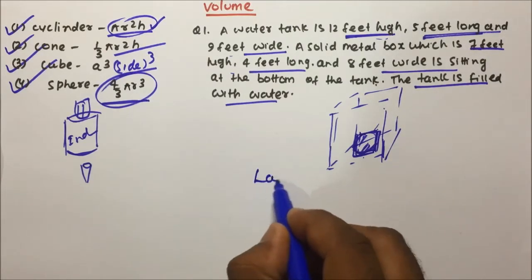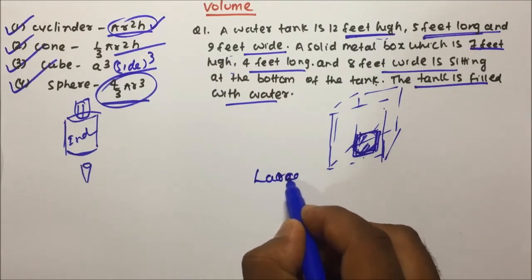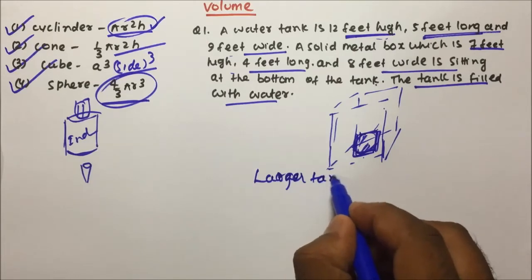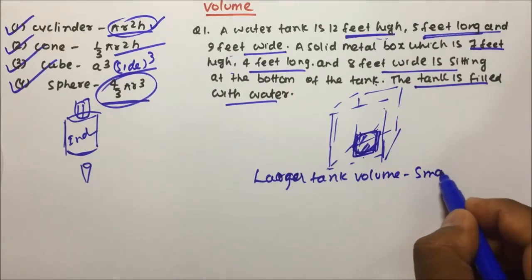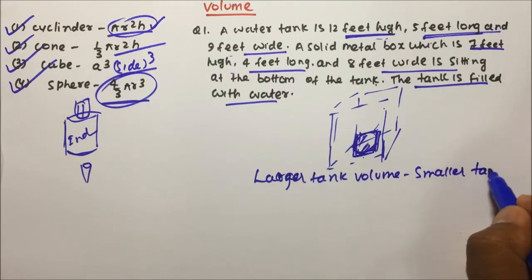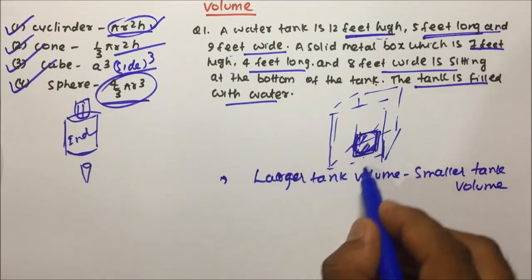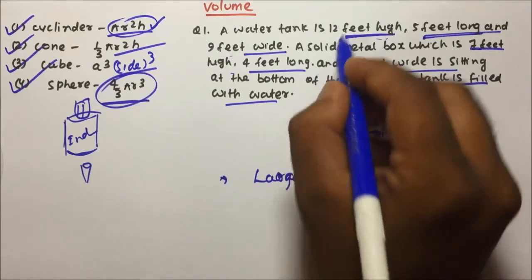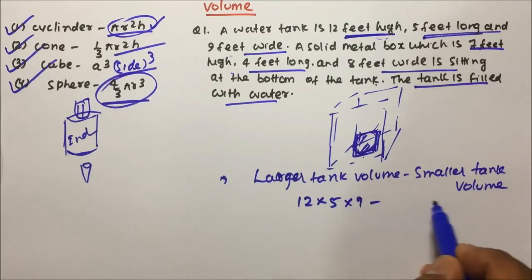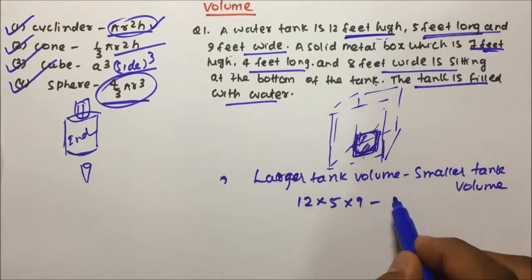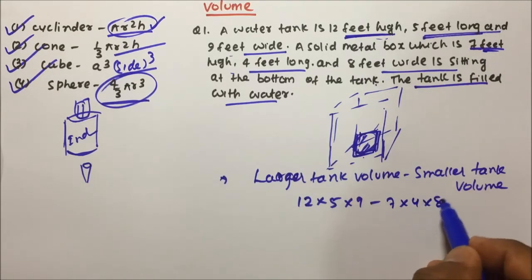Now, the larger tank volume minus the smaller tank volume will give you the water inside that. So larger tank volume is equal to 12 feet into 5 feet into 9 feet, minus the smaller, which will be 7 feet into 4 feet into 8 feet.